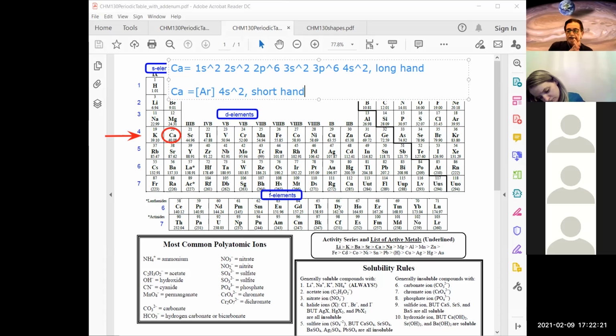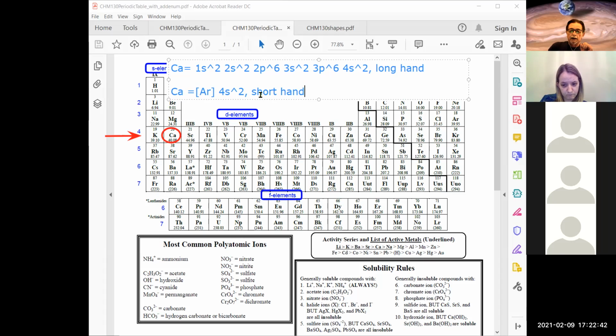Unless the question says don't use the shorthand, I don't have a problem with you using the shorthand to describe the electron configuration of any of the elements. But if it doesn't say that, then assume that it's asking you to do the longhand method.